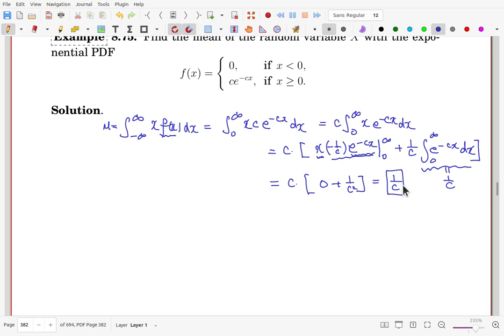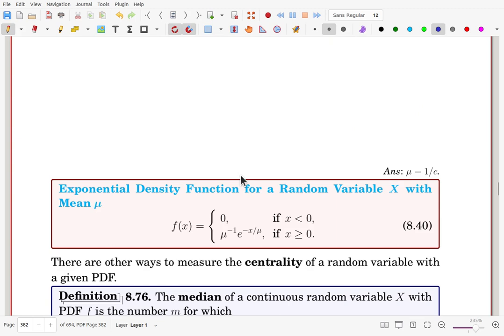For a general positive c, the mean of this random variable with this PDF is 1 over c. So we can write it in this way.